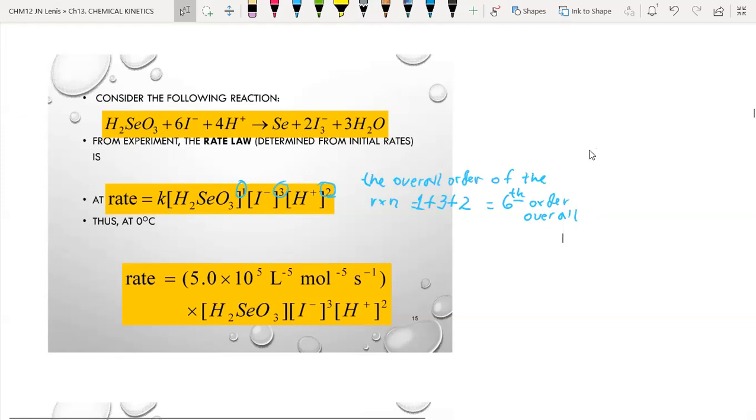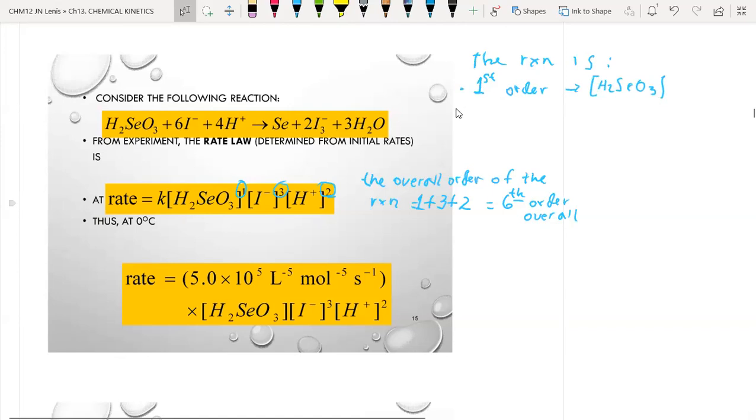Most of the time, the useful information is to define the order with respect to every compound or every species. So you say the reaction is first order with respect to the concentration of H2SeO3.